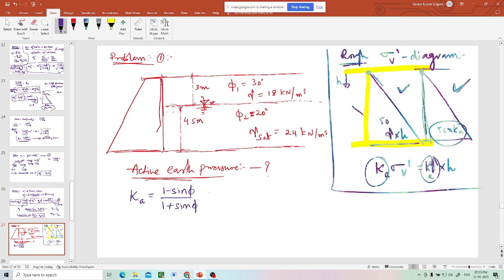This is the formula you need to calculate for finding earth pressure. So first let us find Ka1. This is layer 1, layer 2. Ka1 is 1 minus sine phi 1 divided by 1 plus sine phi 1. Can somebody tell me the value immediately? What is the Ka1 value?